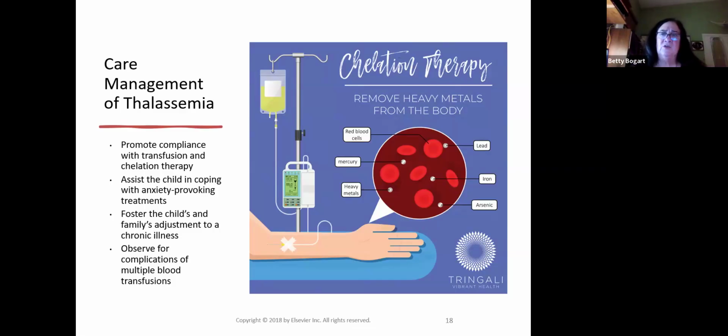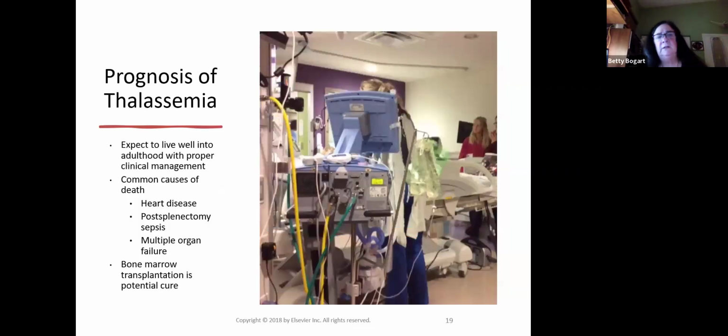What happens with somebody who's chronically getting blood transfusions? It depends on the child and how frequent. It could be every week, it could be every month. It depends on the child and how quickly those cells go. Remember, with all of those blood transfusions, they're going to end up with a very rare blood type. And that is usually the problem.